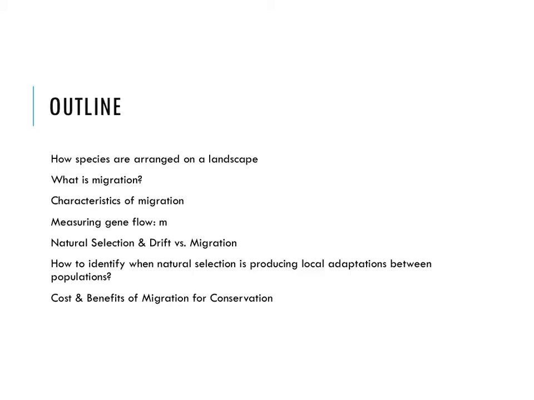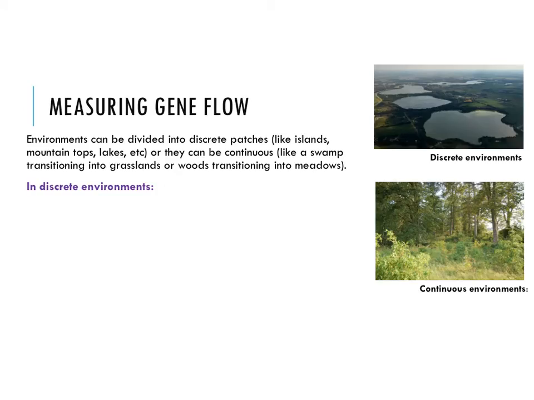So those slides get us through these first 3 points, and now we're going to focus in on how do we measure gene flow in a population. So environments can take many different forms, but they can be categorized into kind of 2 ways. They can be discrete or they can be continuous. Discrete environments have clear boundaries, where continuous environments kind of just bleed into each other.